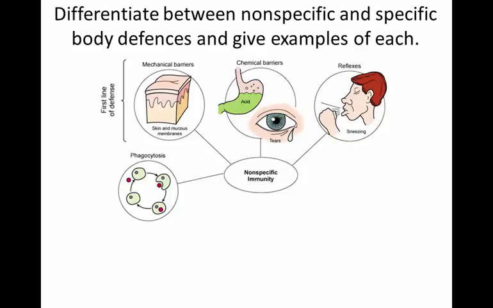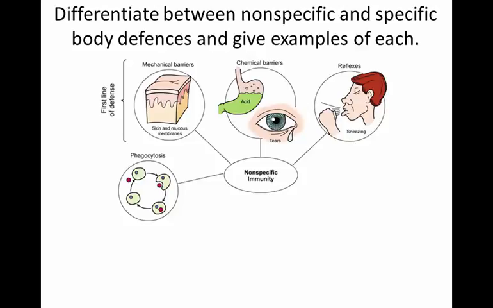We also just took a look at phagocytosis. To break that word down, phago means to eat, cyto refers to cell, and osis is a process. So phagocytosis is the process of cell eating, and it's indicated in this image here.